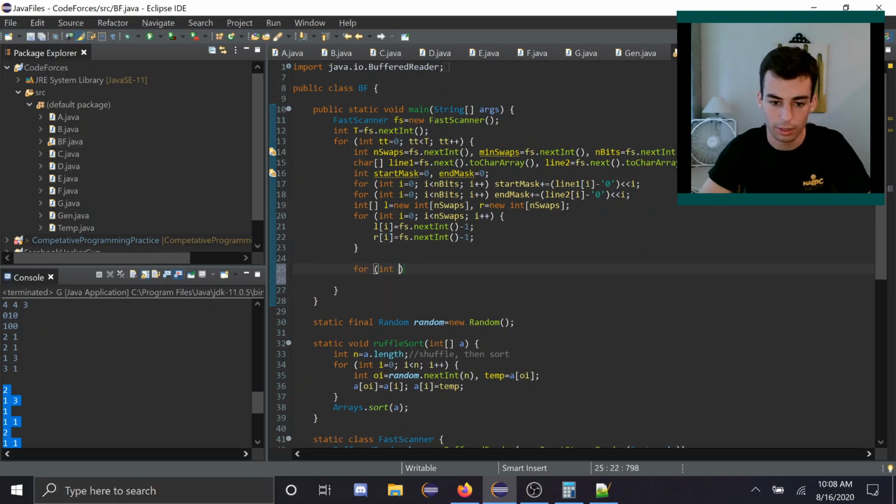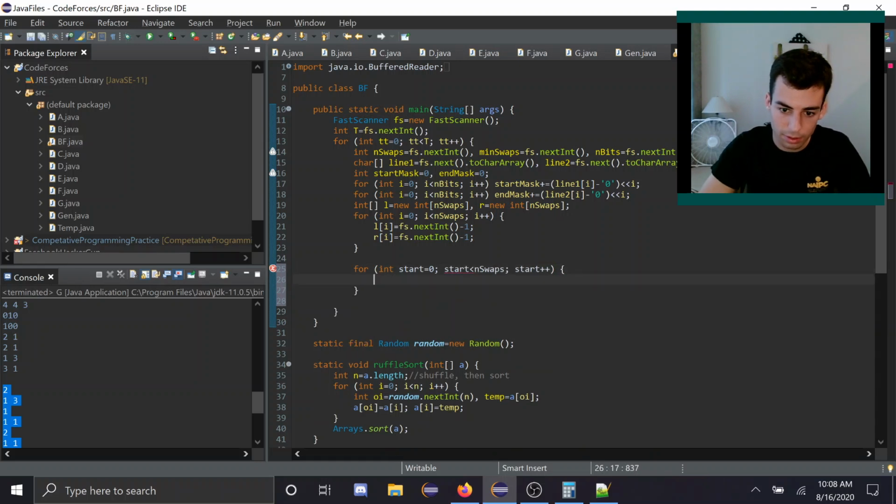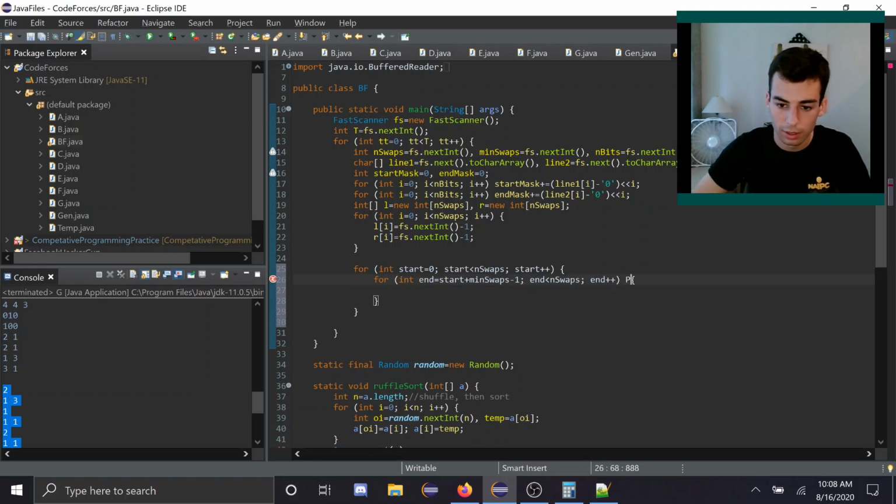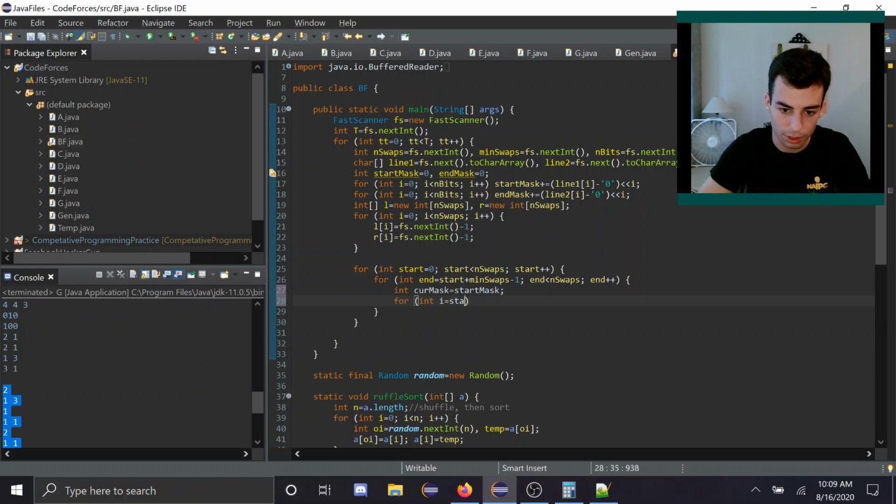For int start equals 0, start is less than n swaps, start plus plus, for end equals start plus min swaps minus 1, end is less than min swaps plus plus. And cur mask equals start mask, start, end.